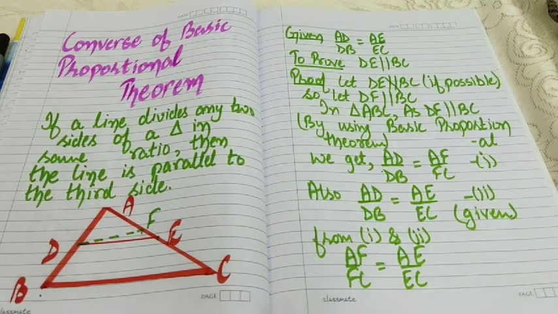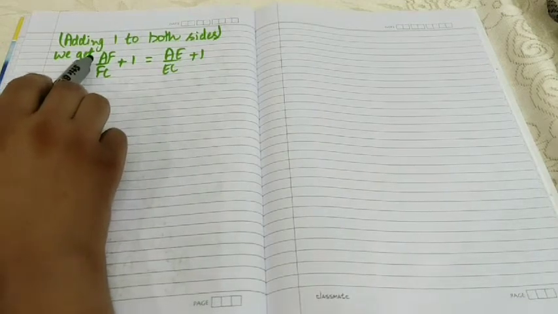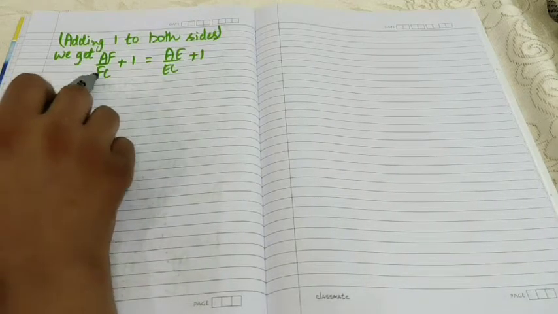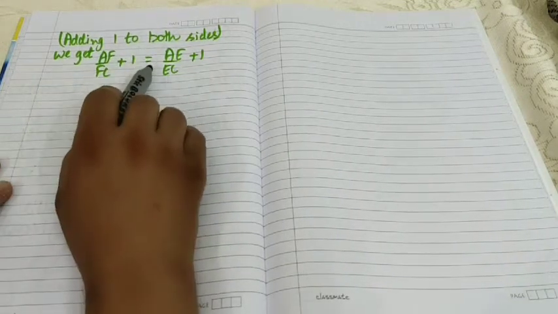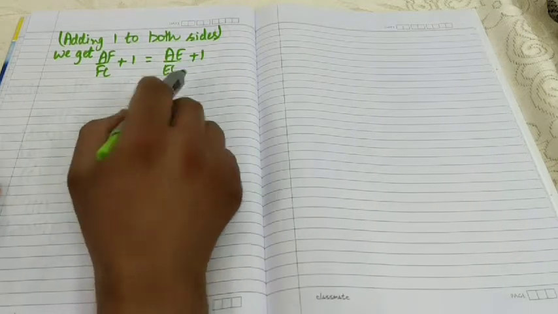Now further we will add 1 to both sides. We will add whole number 1 to the left hand side as well as to the right hand side. So here we write, left hand side AF divided by FC plus 1 equals to right hand side AE divided by EC plus 1.